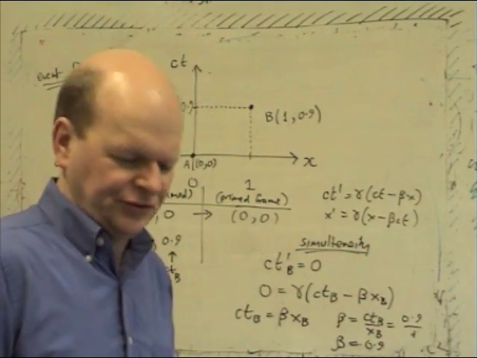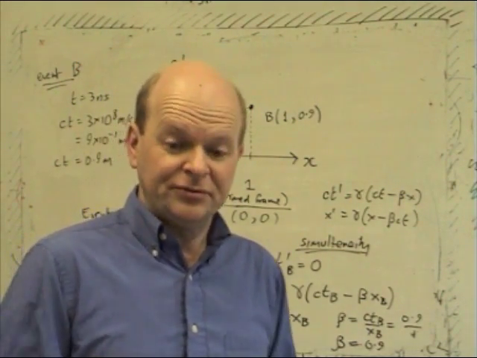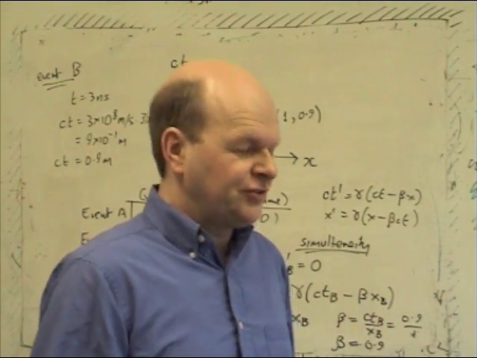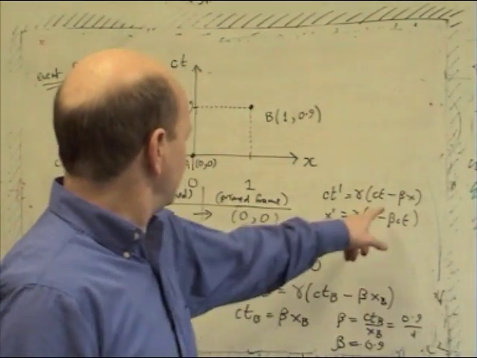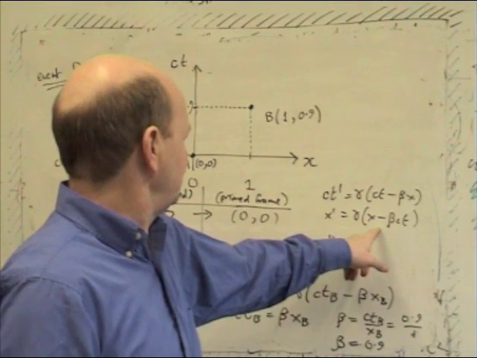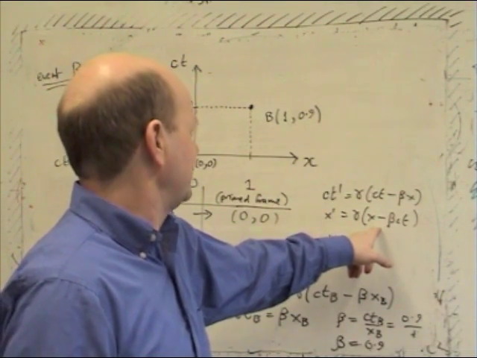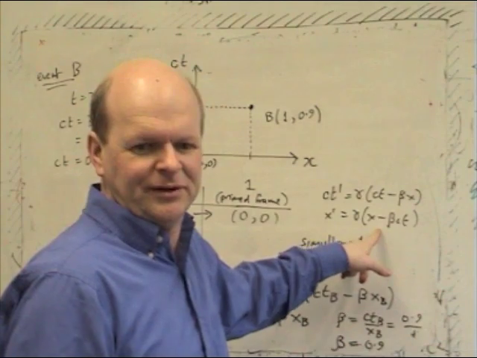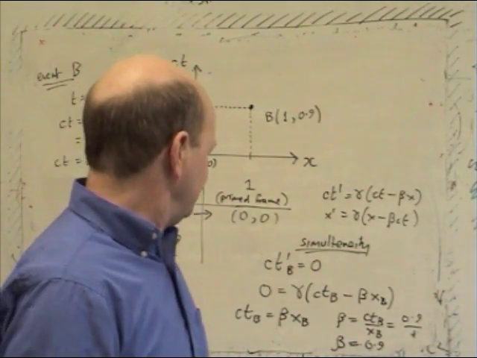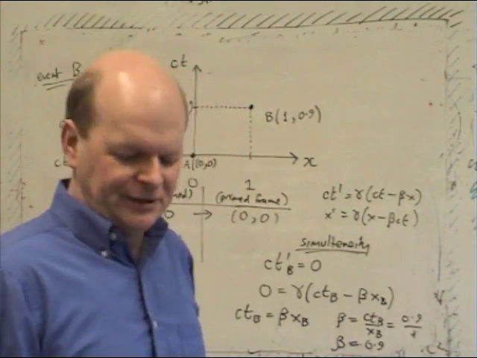So the answer to this question is that your primed frame has to be moving in the direction of increasing x, because remember that these Lorentz transform formulas assume that the primed frame is moving in the direction of increasing x with respect to the unprimed frame, and it has to be moving at a velocity of 0.9 c.